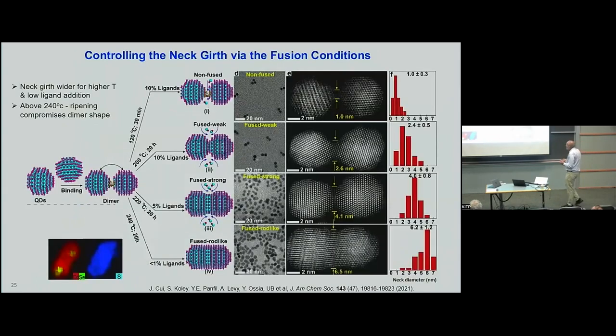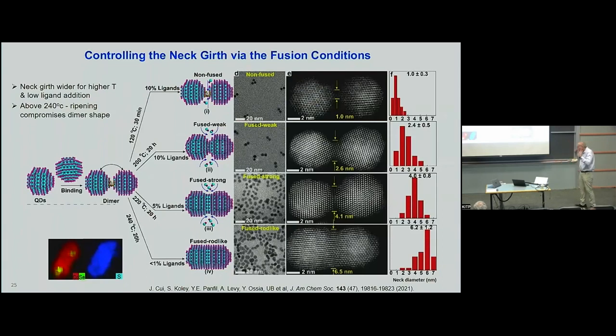And we can actually do this experimentally also, just a little bit more about the chemistry, that we can actually control the neck thickness by the fusion conditions. So when we increase the temperature between 200 to 240 degrees, this is more or less the onset of this kind of fusion effect. When we increase the temperature, we can gradually fill up the neck, also reducing the amount of excess ligands.